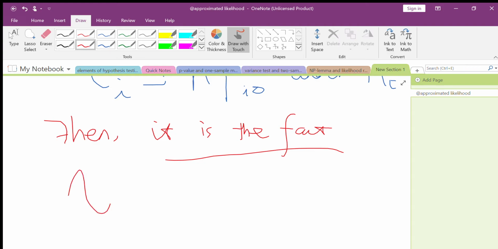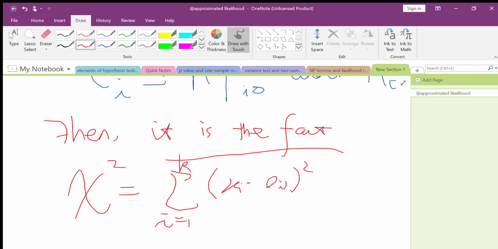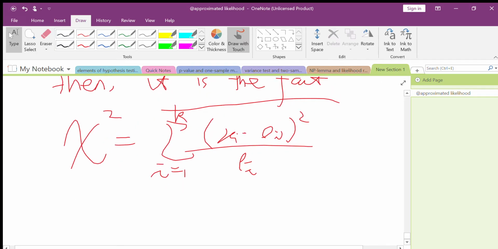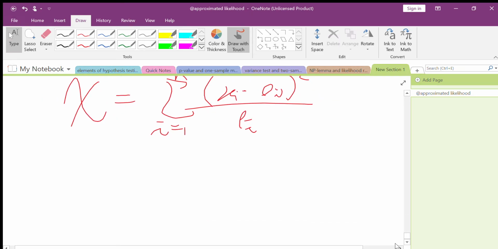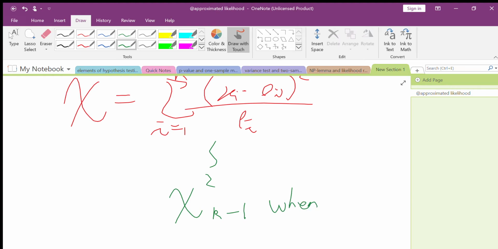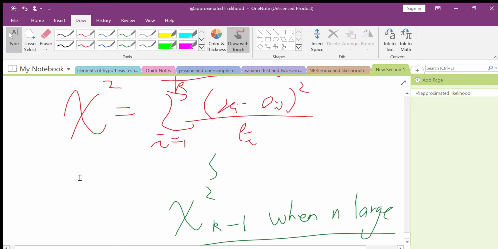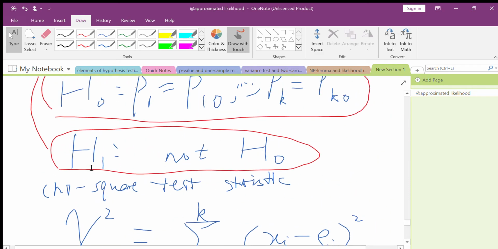The chi-square test statistic, the summation from i equals 1 to k of small xi minus ei squared divided by ei, follows a chi-square distribution with k minus 1 degrees of freedom, for large n. So this is the chi-square test in categorical data analysis.